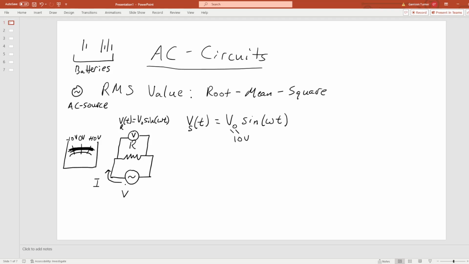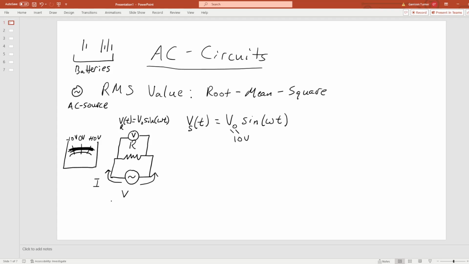Because the current is also going to oscillate back and forth at omega. If I had an ammeter, it wouldn't help me to see the needle just flopping back and forth, 60 times a second if you plug it into the outlet.